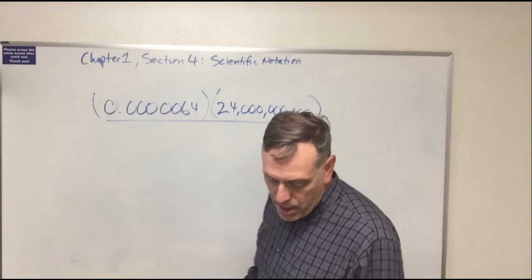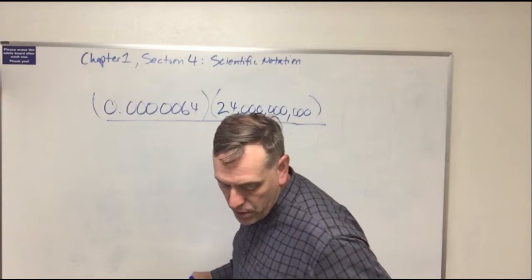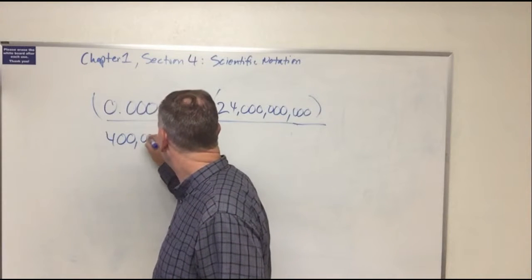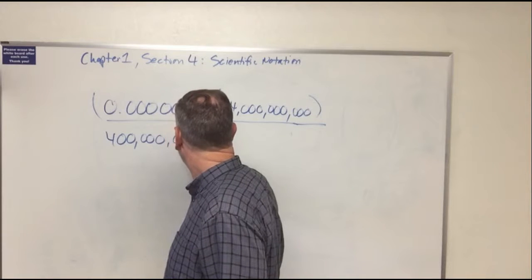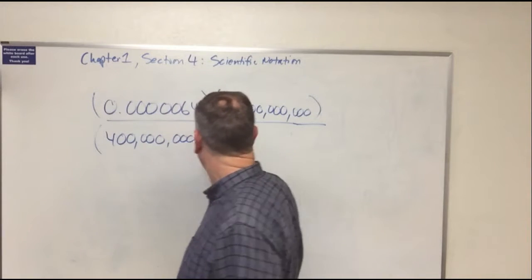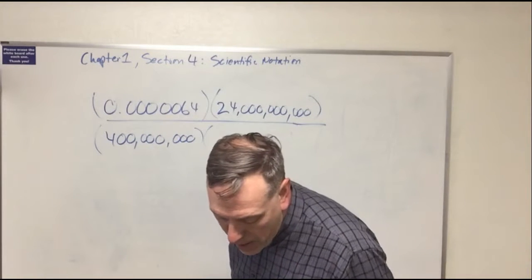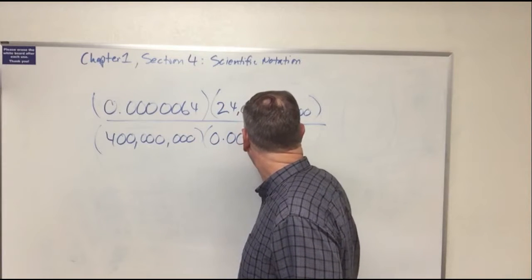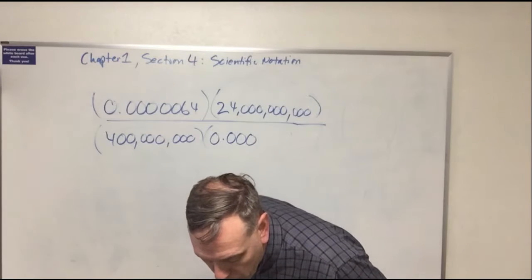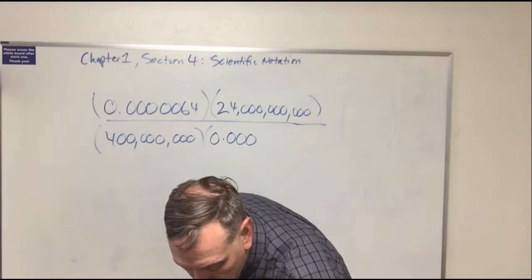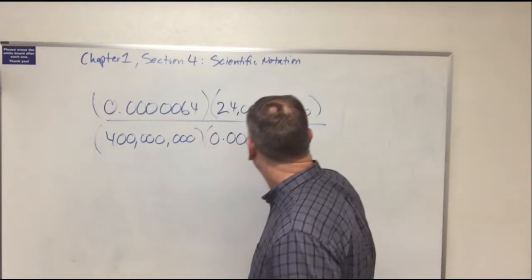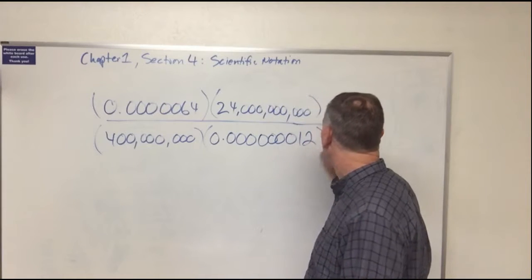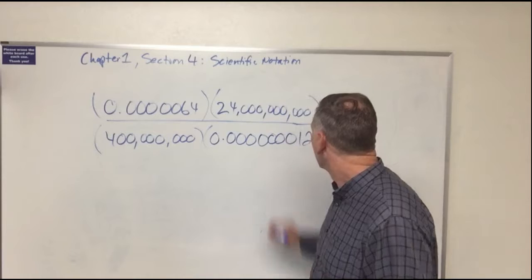All right? And then we're going to divide all this by 400 million. And then we're going to divide it additionally by this decimal point, 0.00, 1, 2, 3, 4, 5, 6, 7, 1, 2, something like that.